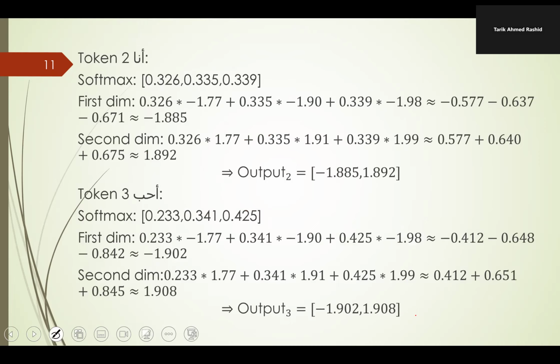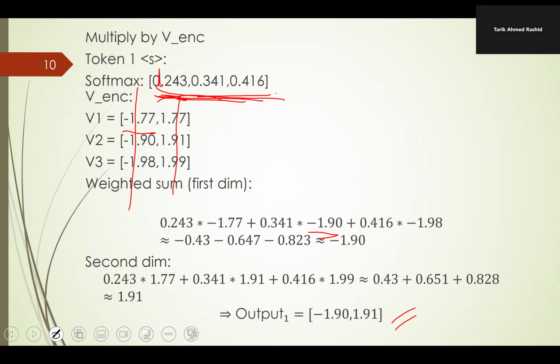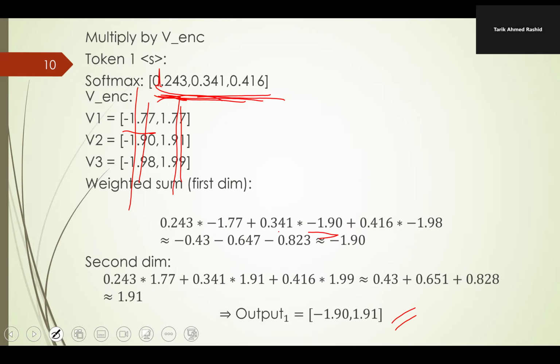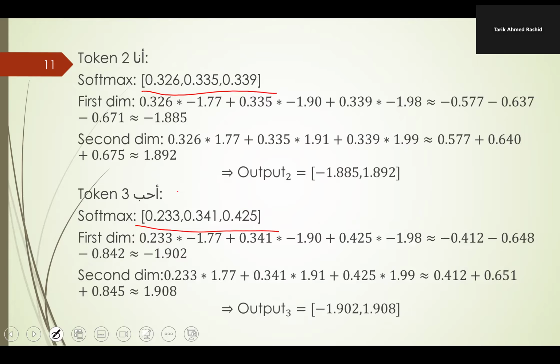Likewise, for the second softmax, we will multiply it by, again, this one and this one, the two columns, and we will get the value for it. And then again, likewise, we multiply Ahab token 3 by the value, which is this one. So we multiply by this and this, the two columns, and you should get output 3.